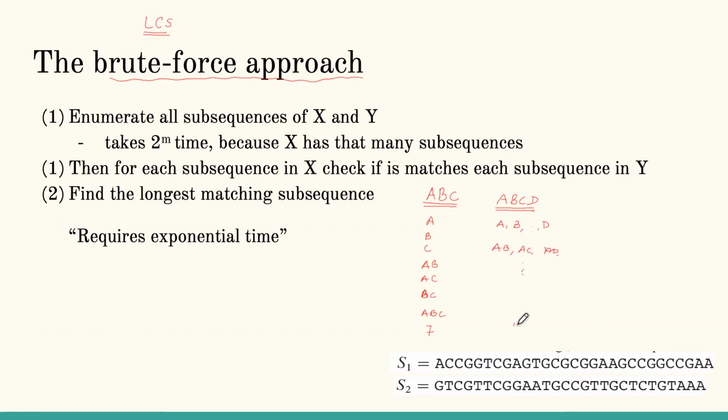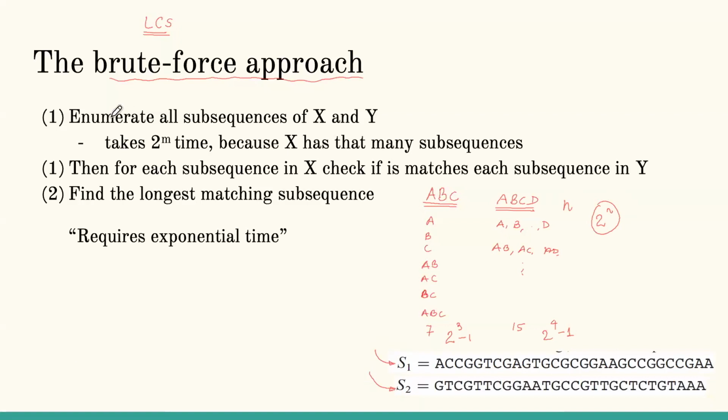You will see that we have 15 subsequences for A, B, C, D. So in general, we have 2 to the power 3 minus 1 here, and 2 to the power 4 minus 1 here. In other words, for a sequence of length n, we have approximately 2 to the power n possible subsequences.